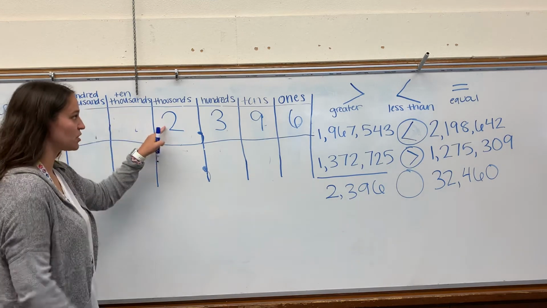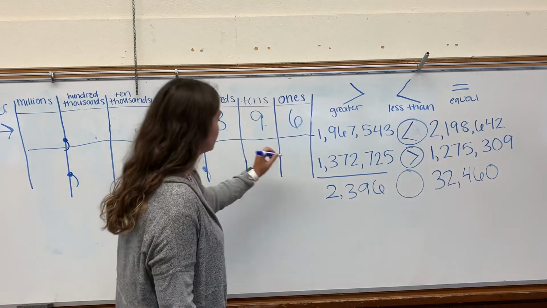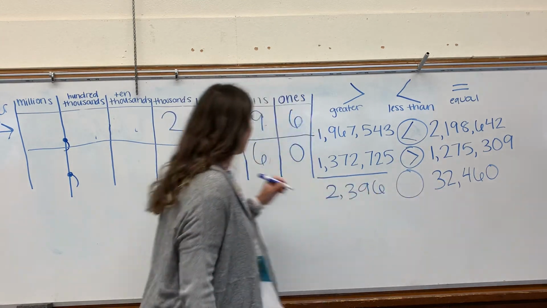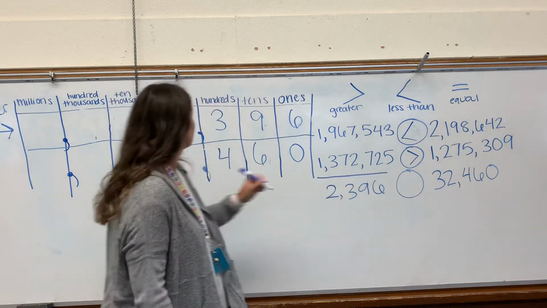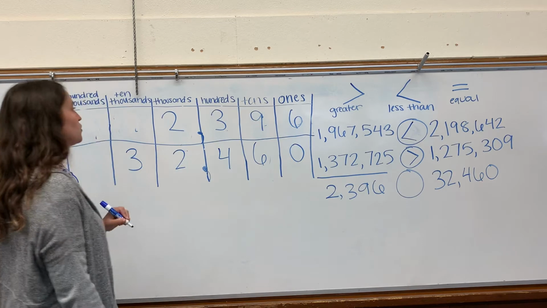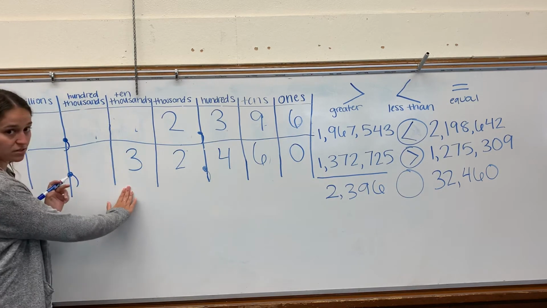So my largest number is in the thousands place. I'm going to compare it to this number. So I have 0 ones over there, 6 tens, 4 hundreds, 2 thousands, and 3 ten thousands. I want to look at my largest place value, and that's in my 10,000s column.